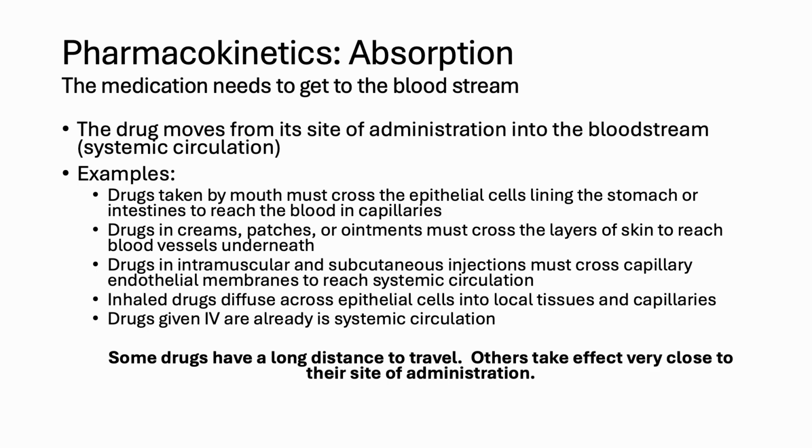Endothelial cells are just a single layer of epithelial cells. They're kind of the same thing as epithelial cells. It's just one single layer of them. So simply put, they just have to cross a layer of cells to get into systemic circulation. When you inhale drugs, the same exact thing happens. The drug has to cross the epithelial cells to get into capillaries.